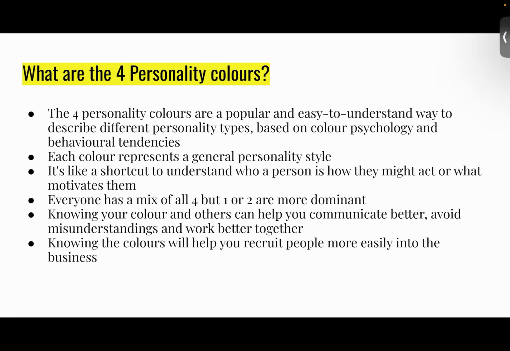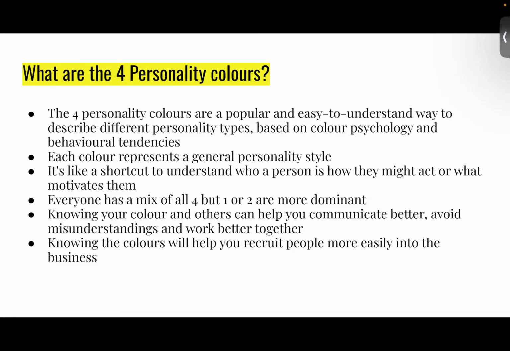Everyone has a mix of all 4, but 1 or 2 are dominant in each person. That's very important: 1 or 2 of these colors can be dominant in one person, in yourself. But when you're talking to somebody, you might only see one clear dominant color.